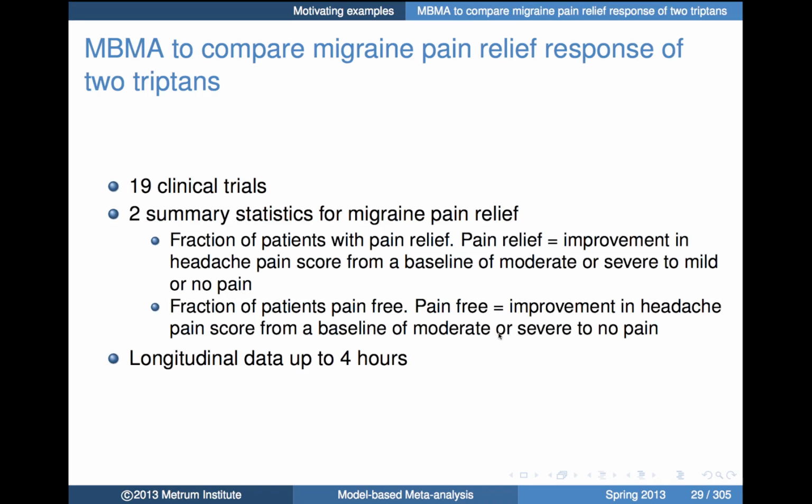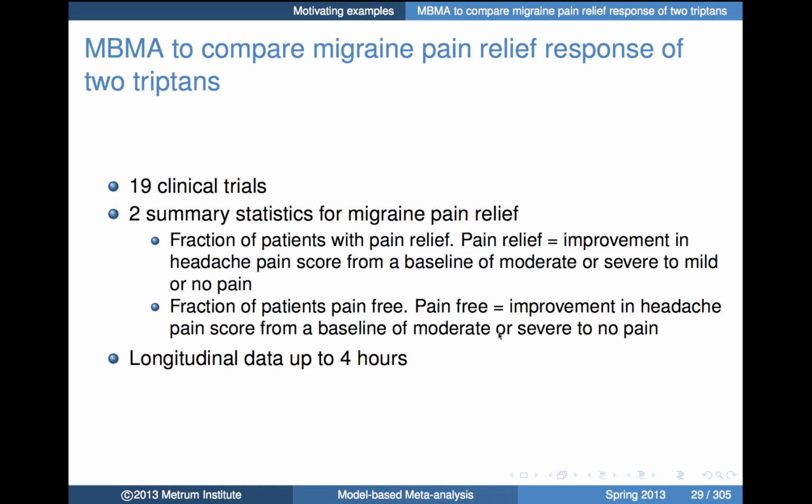That's the starting point for what was measured. But for the model-based meta-analysis, they converted that to a couple of different binary scales. The first is what was termed pain relief, which they defined as improvement in the headache pain score from a baseline of either moderate or severe to either mild or no pain.